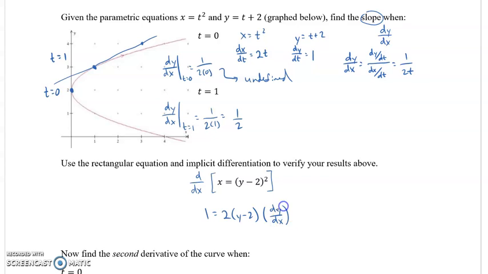All right, so that's going to be 1 divided by 2 times y minus 2. Wait a second, isn't y minus 2 the same thing as t? Sure is.